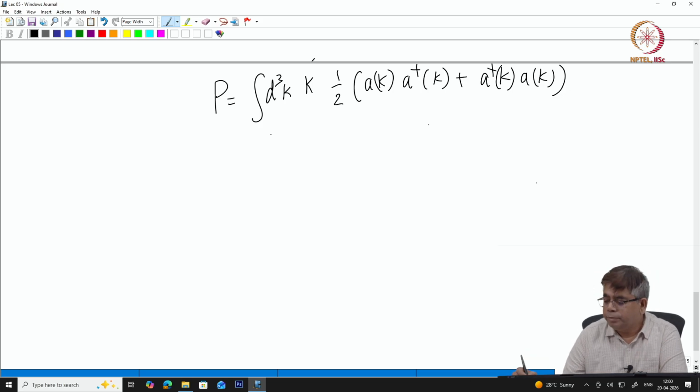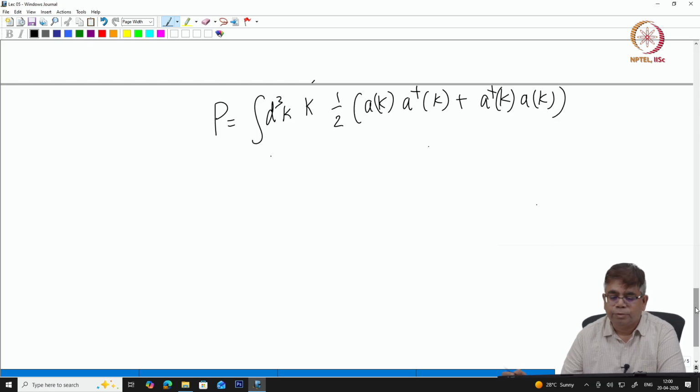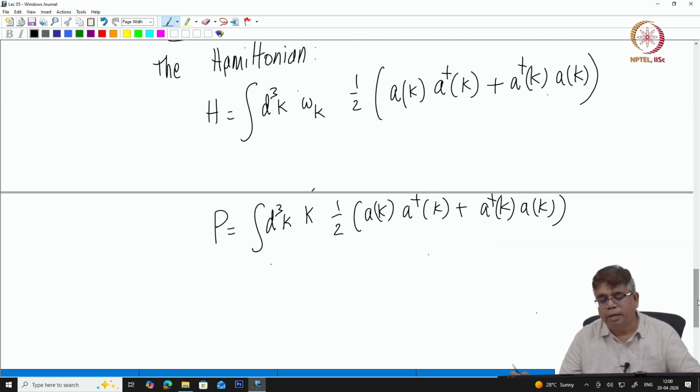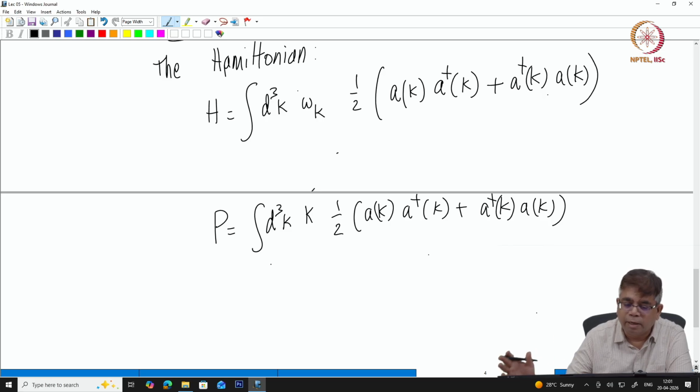These two are the important equations. Essentially, these are like independent harmonic oscillators, with the momentum operator.